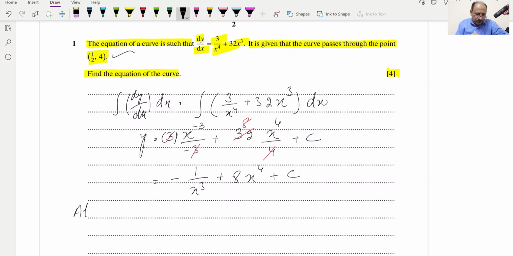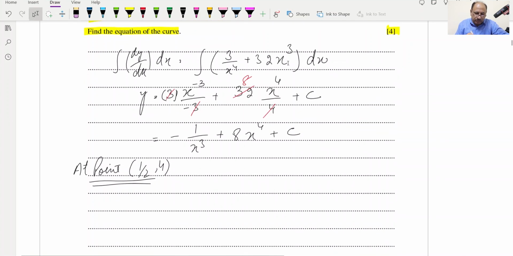Now this is the point given, which is 1 by 2 and 4. So at the point (1/2, 4), we will be finding the value of integral constant c. So 4 is equal to minus 1 over half, or you can write 0.5 cubed, plus 8 into 0.5 raised to power 4 plus c.